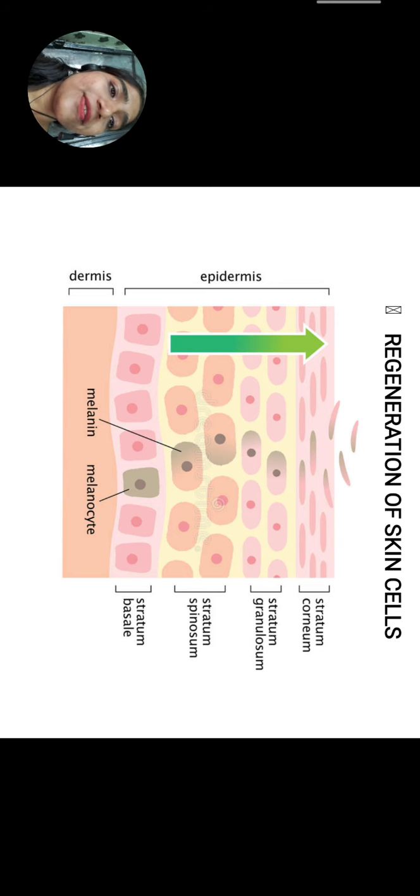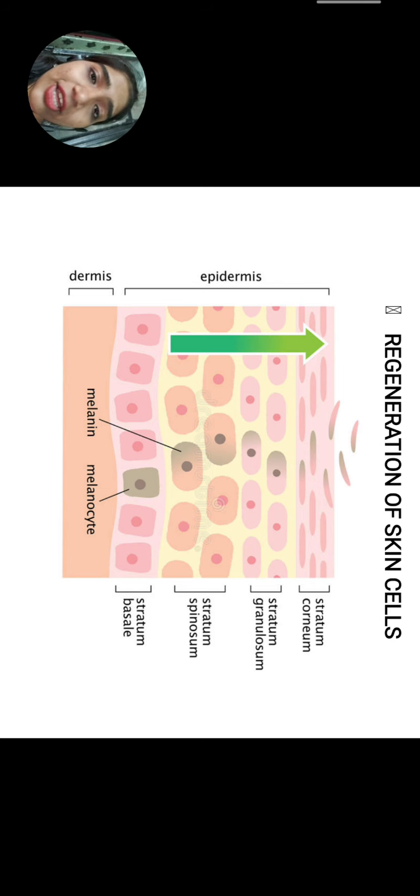The process of cell generation to disformation takes 26 days. Every single second of what we live, our cells are regenerating and disforming. Disformation means they are shedding off from our body.